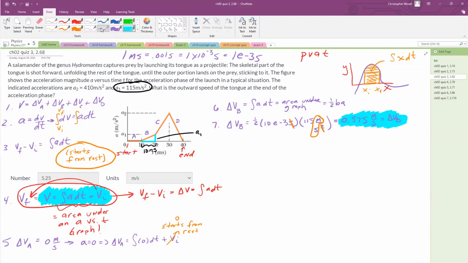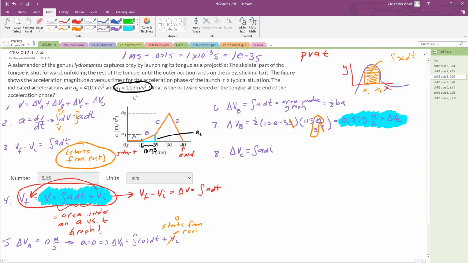So number 8. What's the change in velocity during segment C? Same conversation. It's going to be the integral of A dt. And you know what you could do, and this would be totally fine: instead of just trying to find the area under the graph, you could find this function.